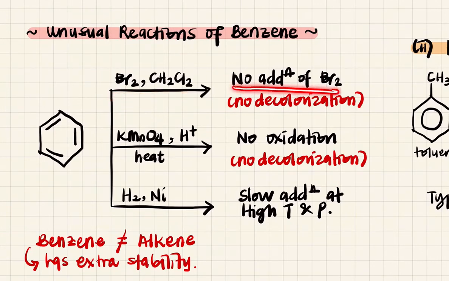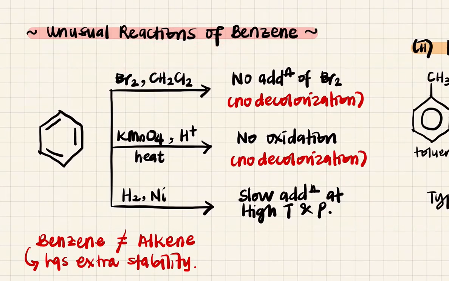There is no addition of bromine. Okay, so therefore awak punya observation is no decolorization. Okay, sebab no reaction. Why? Because this benzene ring is very stable, so it will not undergo any addition reaction. Okay, benzene will usually undergo substitution reaction only.